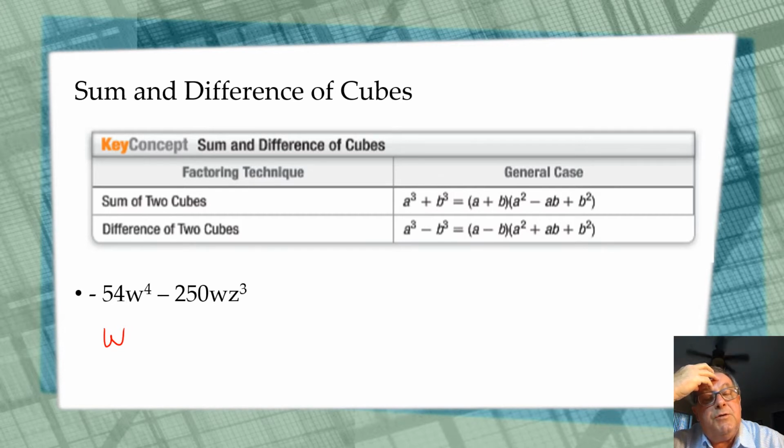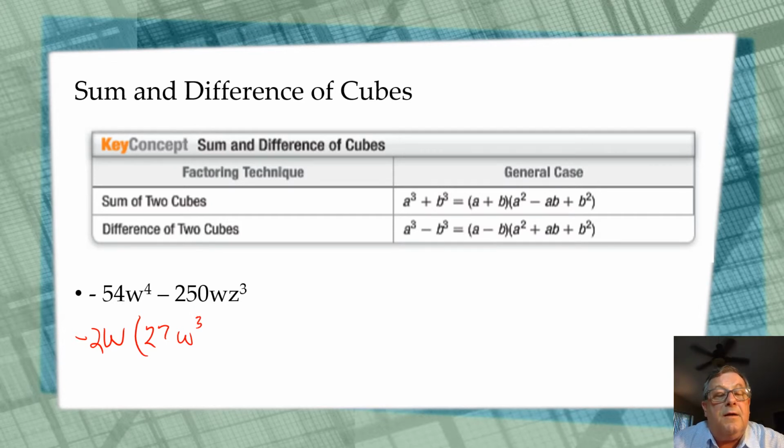So let's see, 2 into negative 54. Let's say negative 2. Negative 54 divided by negative 2 is 27. So if I factor out a negative 2w, then I'm going to have 27w cubed.